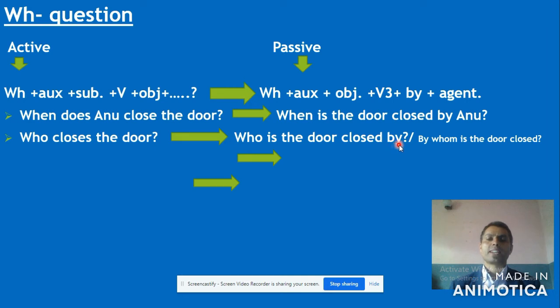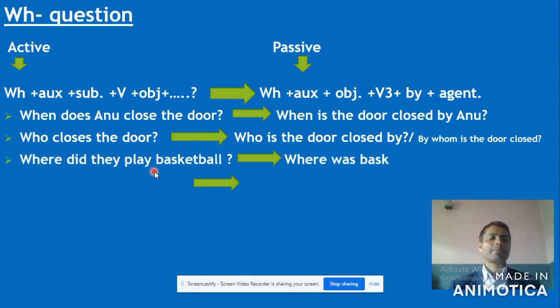The "by" must be written at last, or you can even write "by whom", then follow the same as we have done before. Here it is, by whom is the door closed? So you can write either answer while changing from active voice to passive voice. Got it? Now look at the next one here.